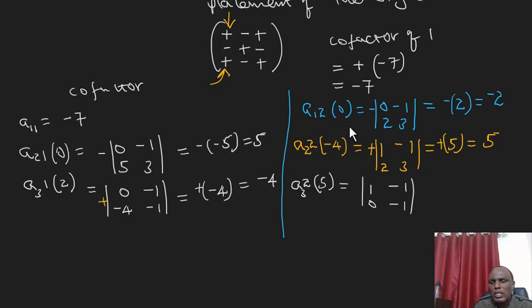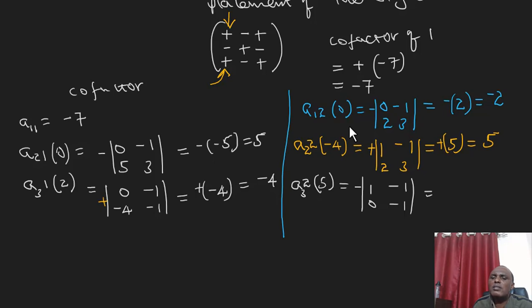We get the determinant of that matrix. And the sign we place is negative. This is 0 minus 1. This is 1 times negative 1. That one is negative 1.